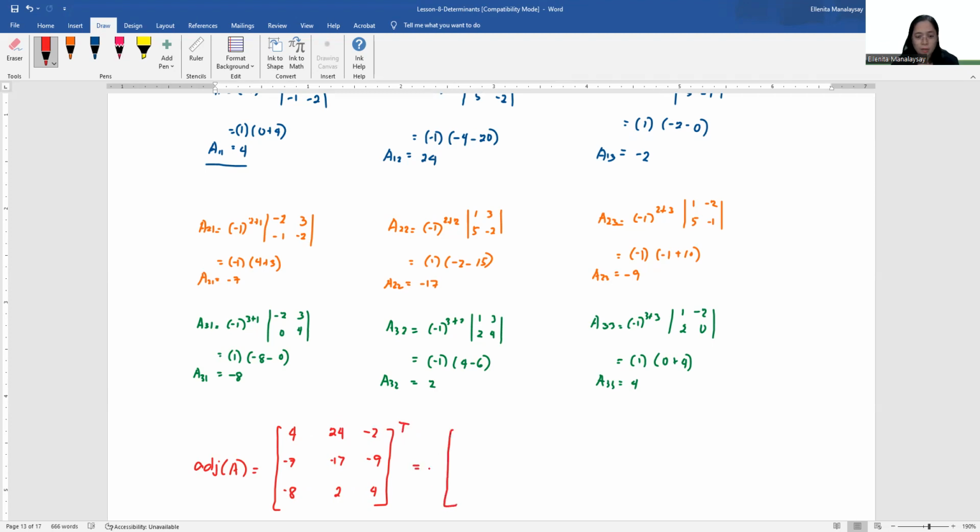So the adjoint of A is equal to 4, this is -7, and then this is -8. Then this is 24, then this one is -17, and then this is -9.